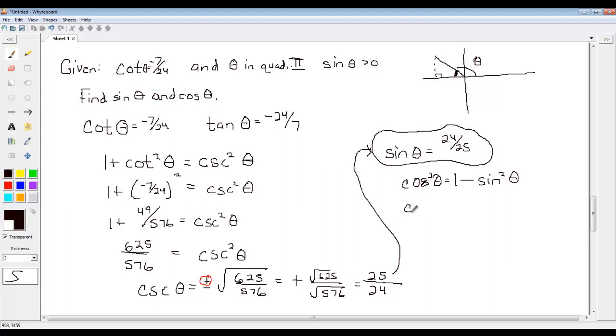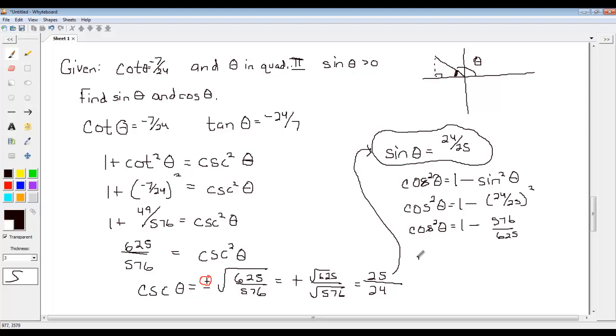So cosine squared theta equals 1 minus our 24 over 25 squared, which is 1 minus 576 over 625.